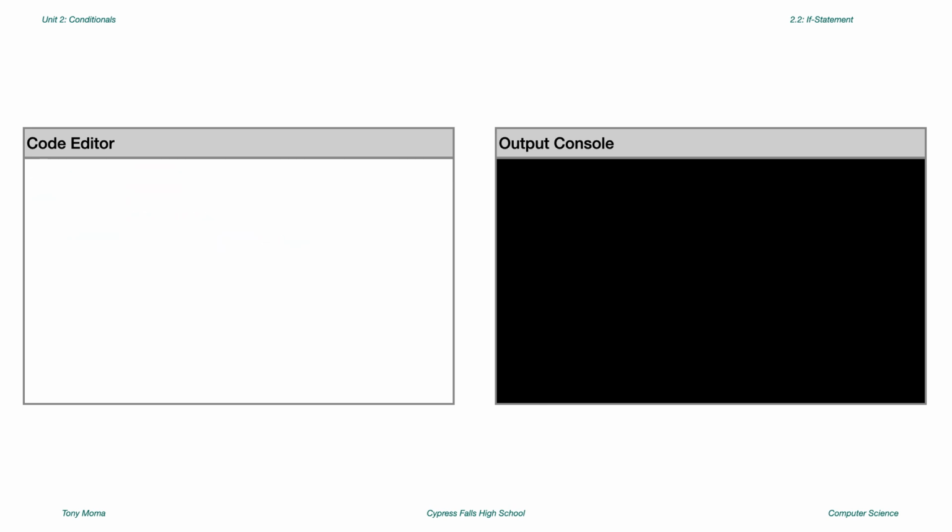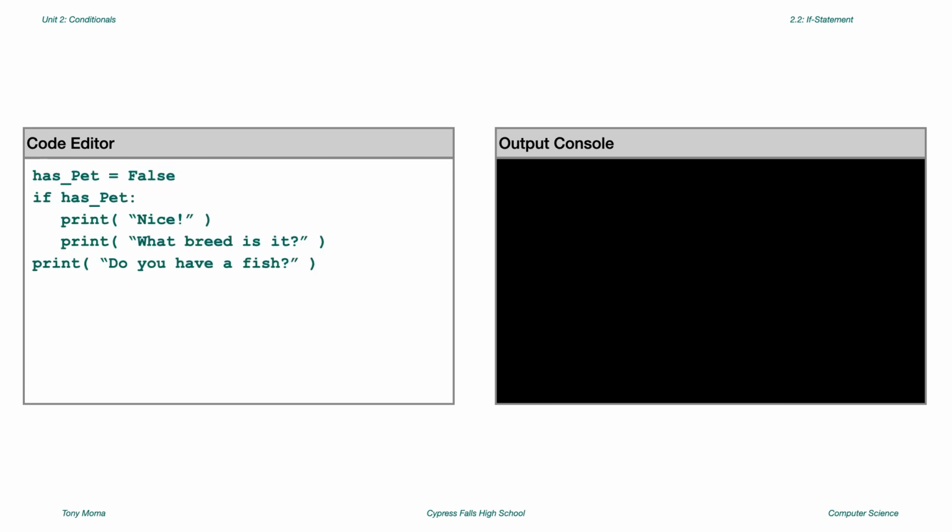Now, suppose I added another print statement to this program. However, I did not indent that statement. That means that this statement is not conditional. It does not belong to the condition on line 2. So it's going to execute regardless of what value is stored inside the condition. So when we run this program, sure, has_pet is equal to false, thus the condition is false.